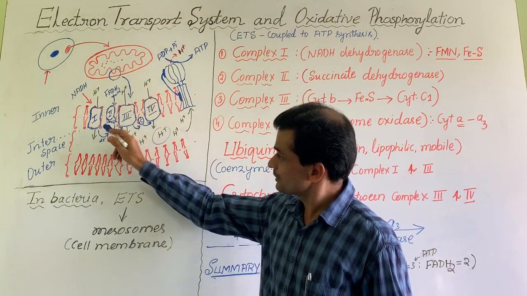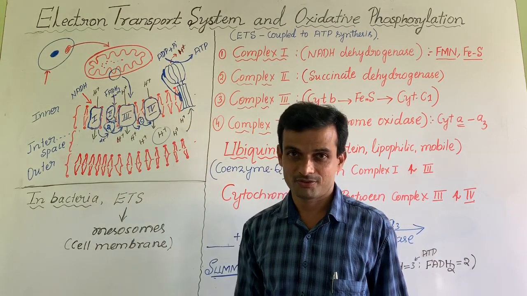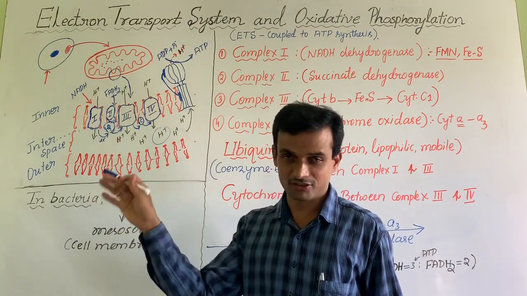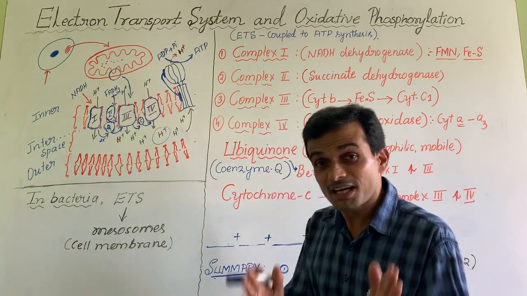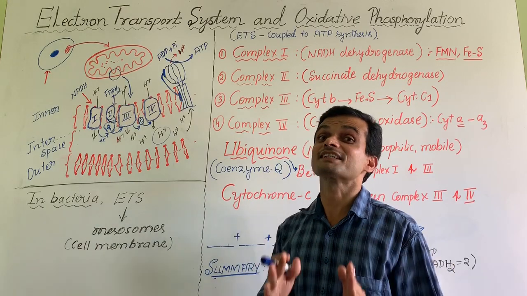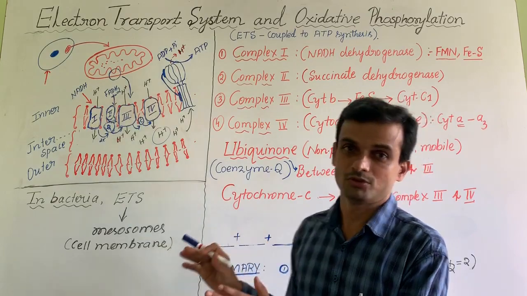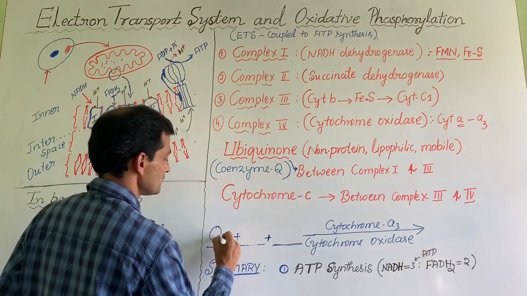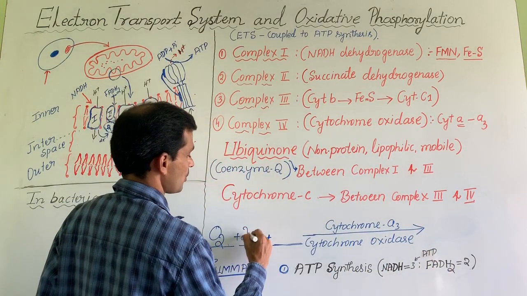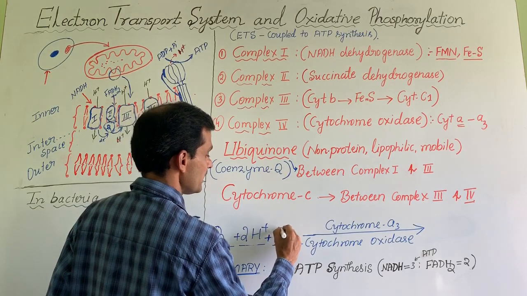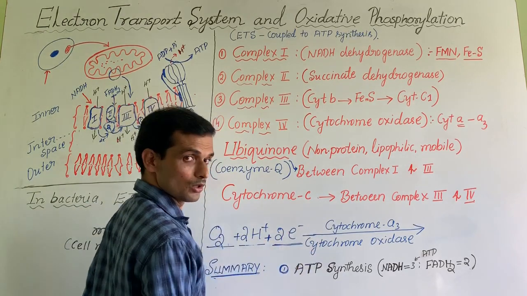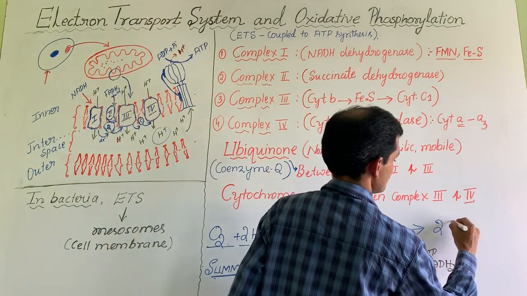When the electrons reach the last complex, through a series of redox reactions, oxygen appears as the final electron acceptor. Highly electronegative molecular oxygen reacts with protons and electrons to form water.